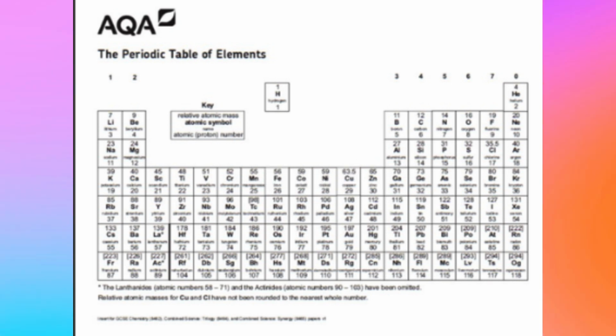From our last video, we know that the number of a period is equivalent to the number of shells an atom has, and its group number is how many electrons are in that atom or element's outer shell. But with C2 we do need to look at the specific groups in more detail, so we need to understand that group 1 is also called the alkali metals, and this is the most reactive group.